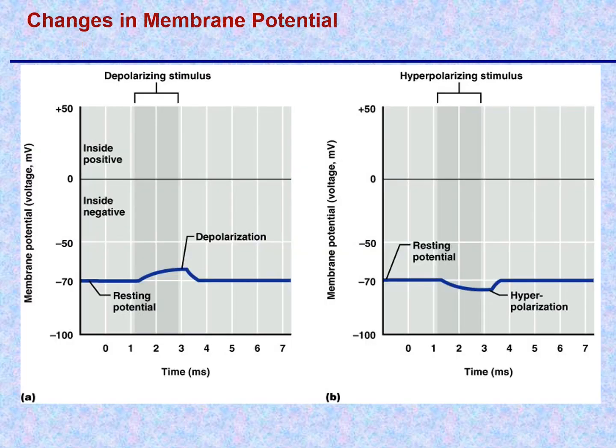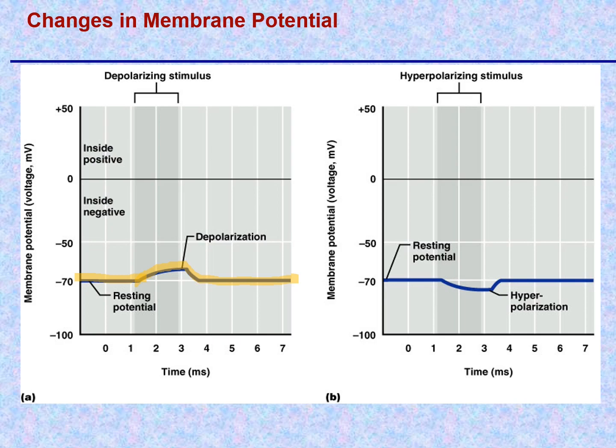Okay. Now, quite often you have changes that occur that don't reach the threshold required to trigger an action potential. These are just little depolarizations because of stimuli that the neuron gets, and you get a minor depolarization, and then it repolarizes back to the resting membrane potential of minus 70.